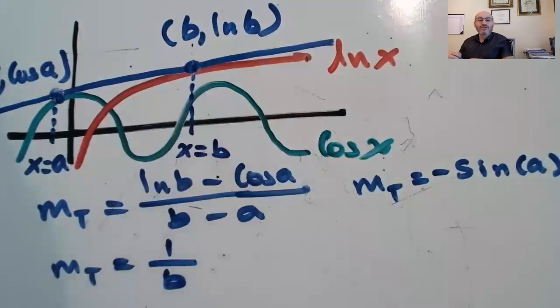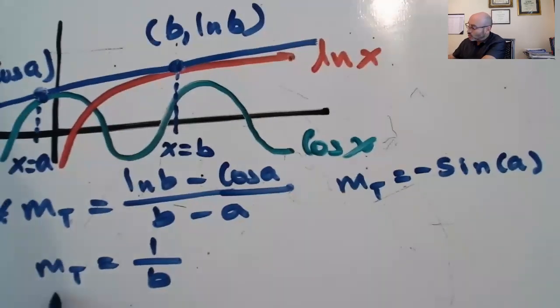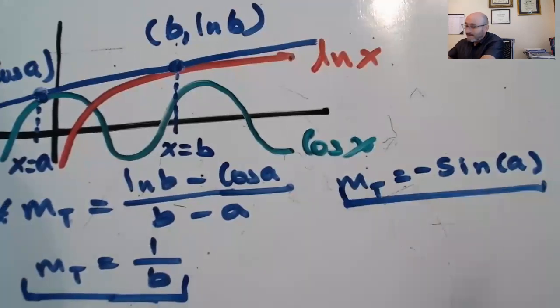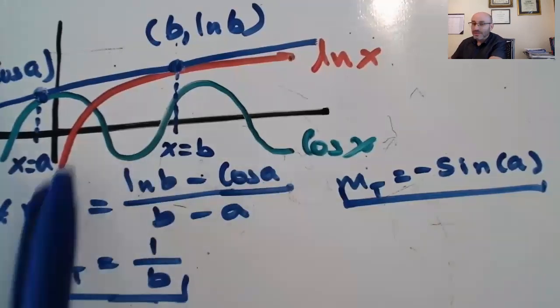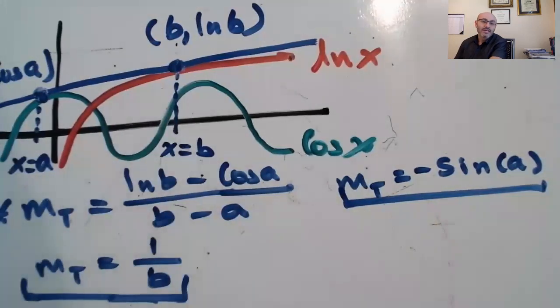Now this is what you need to do. You need to express this in terms of just one variable and try to solve that. Meaning these two are equal, so you solve for one of the variables and then put it in terms of just one variable.